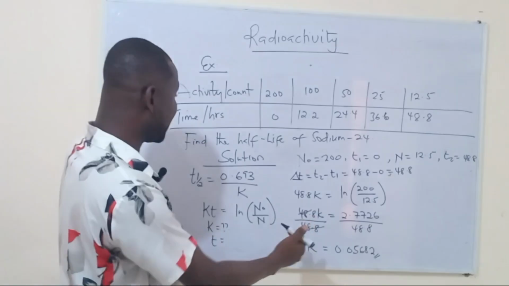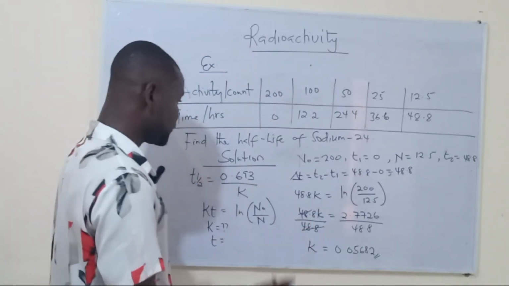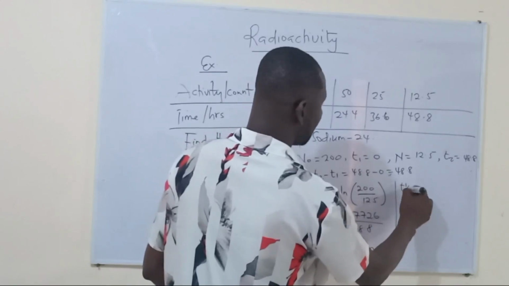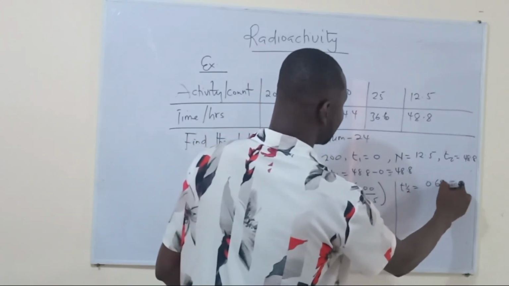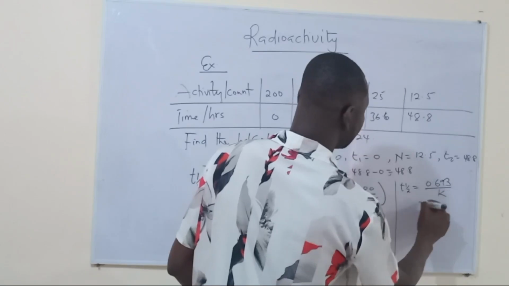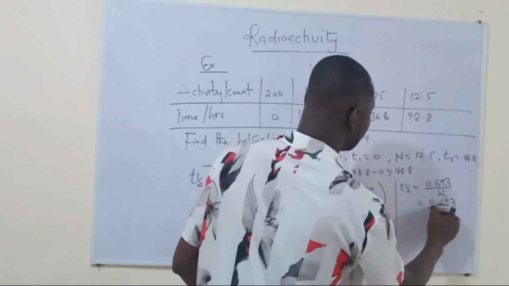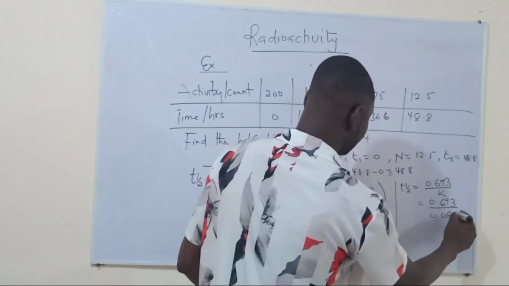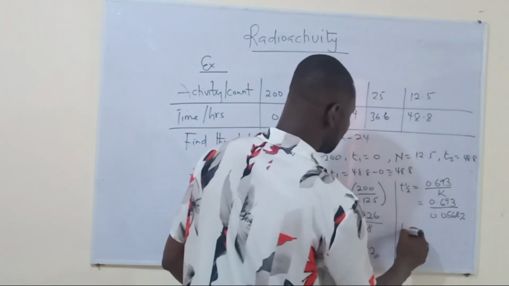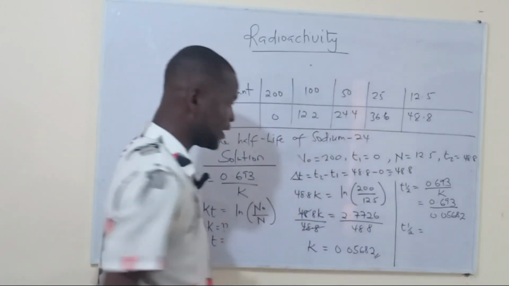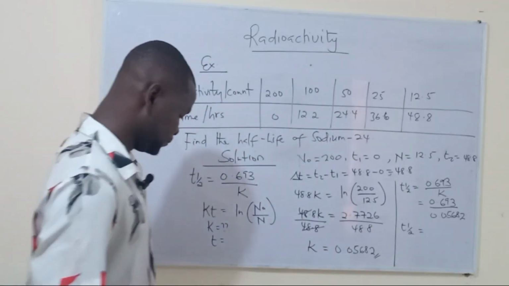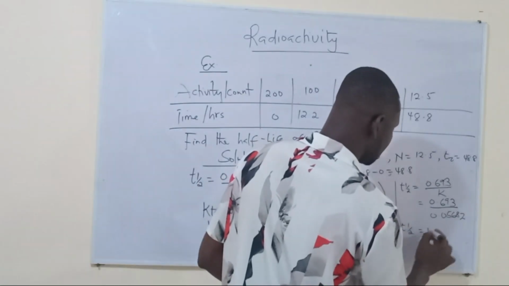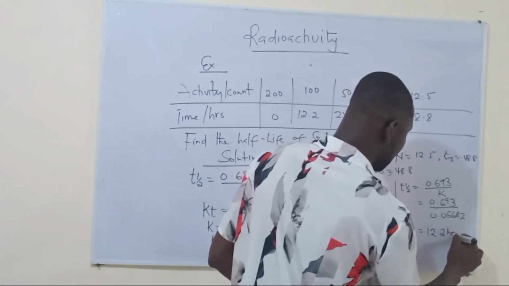Now I can go ahead and calculate for my half-life. So my half-life can now be 0.693 over K. Now 0.693, my K is 0.05682. When I use my calculator, you should get 12.2 hours.